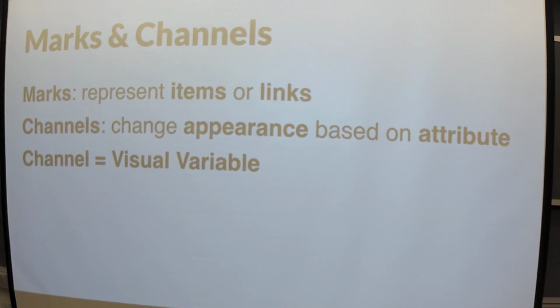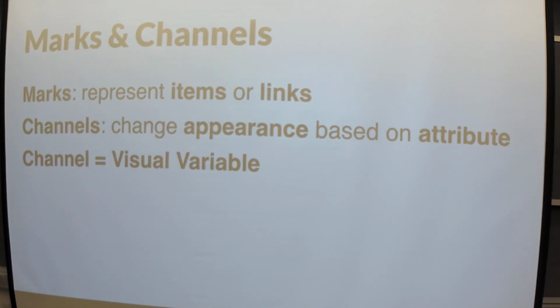So, for example, if you have 3 people, each of them would be represented as a mark. The channel changes appearance based on an attribute that is defined on the item. You can see the relationship between the independent variable and the dependent variable here.